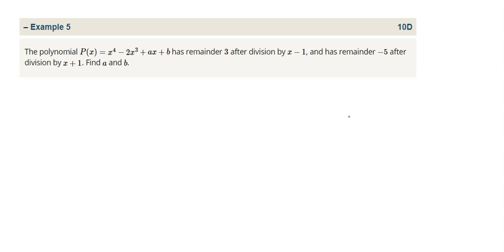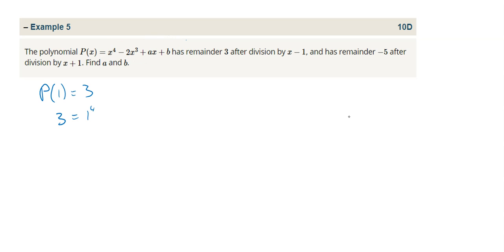Here's what we know. They're telling us that this polynomial, whatever it is, has a remainder of 3 when it's divided by that. So what they're essentially saying is P of 1 equals 3. Well, what's P of 1? So then I can say 3 is equal to this with all the x's replaced with a 1.